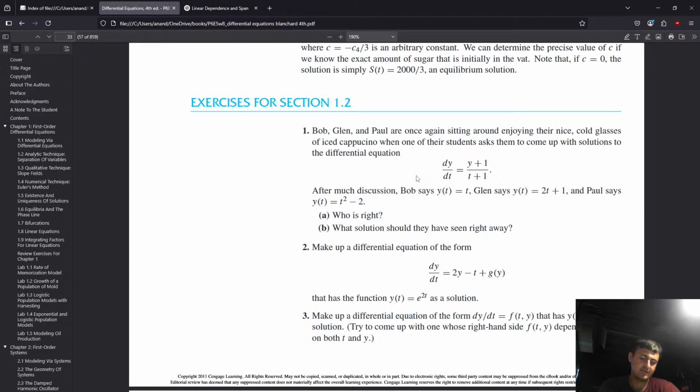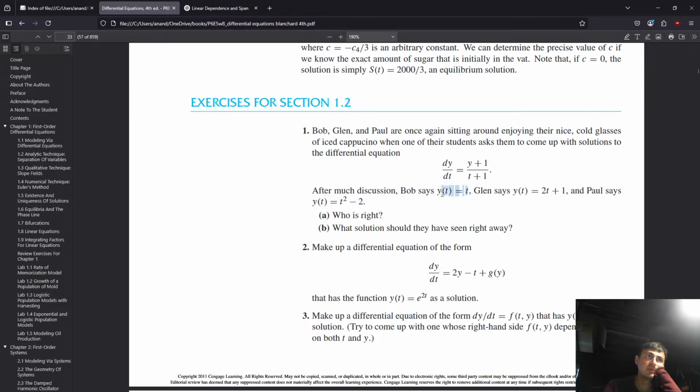Now, we're going to get dy over (y plus 1) is equal to dt over (t plus 1). And I'm pretty sure that we get ln|y plus 1| is equal to ln|t plus 1|. And then we exponentiate, but we get y plus 1 is equal to t plus 1. Y equals t. Is that true? Well, let's do the plug-in thing.